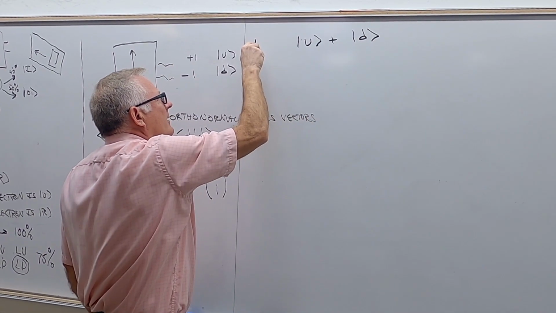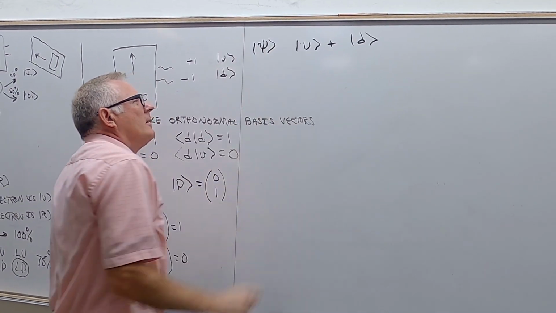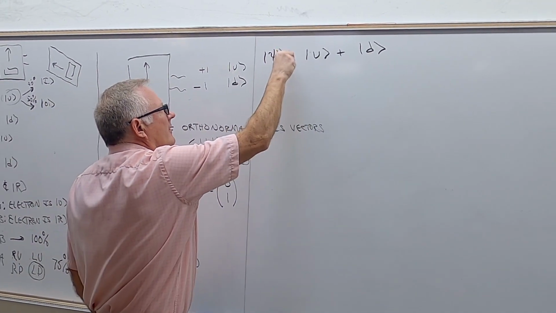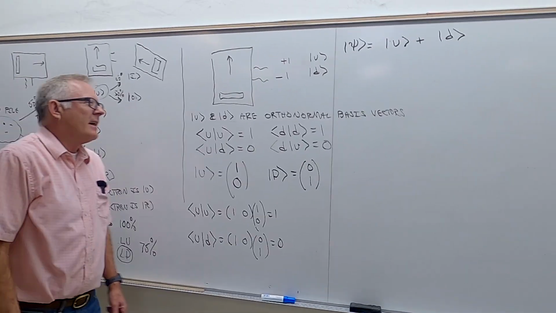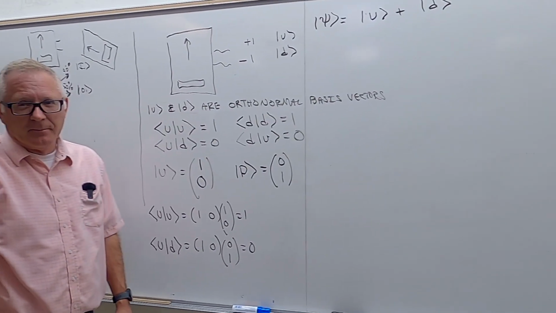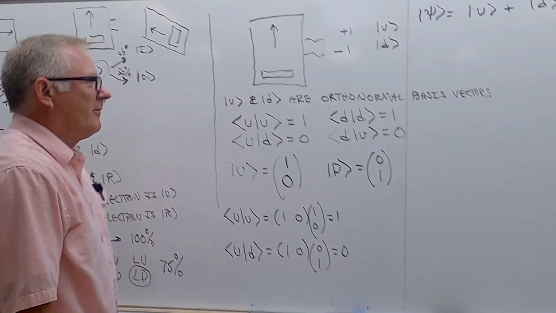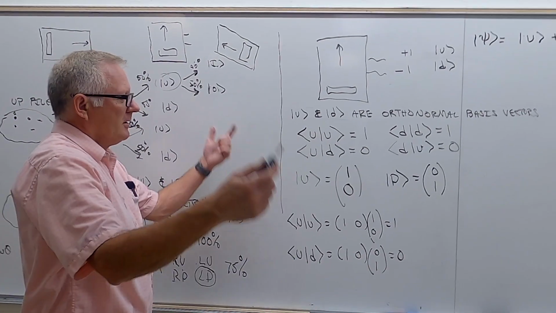Let me give it a name here. How about psi? So that's also a state right here. You're both up and down. You can be both up and down at the same time until I make a measurement, and then it's not. But if I haven't made the measurement, you don't know what state.